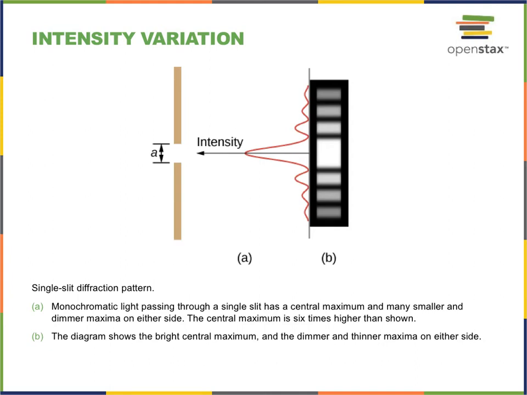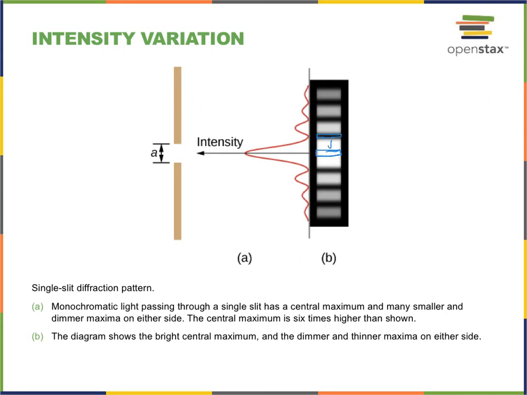Again, I just want you to be aware of the intensity variation for the single slit experiment. We're not going to cover the mathematics involved in that, but in general, you could think about how, as the light rays are interfering with each other, where they perfectly constructively interfere is going to be right in the center, and where they destructively interfere is right here.